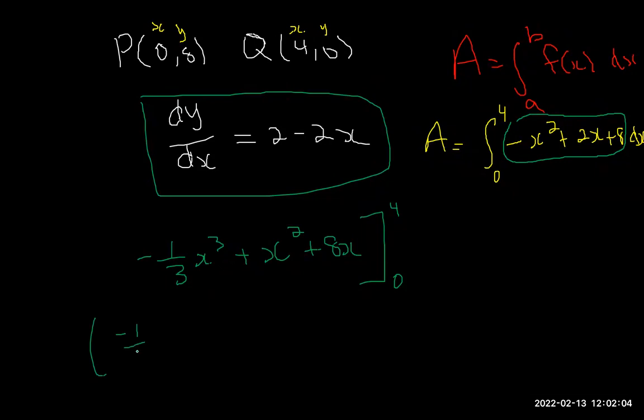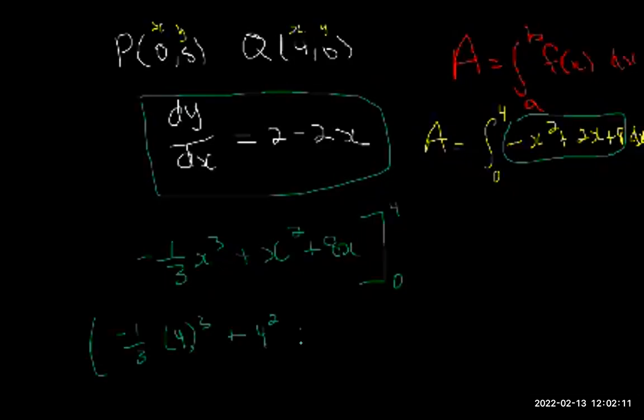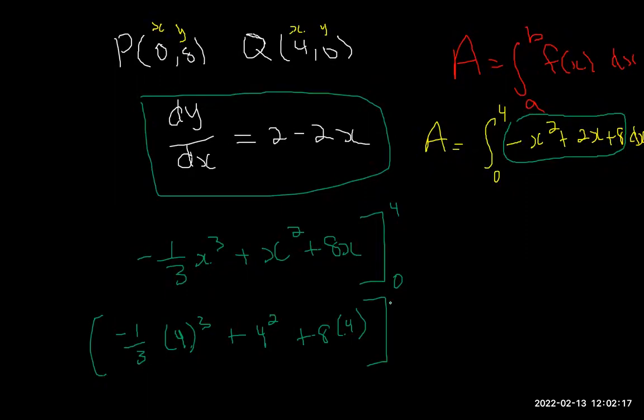So that's minus a third 4 cubed plus 4 squared plus 8 by 4. That's my first bracket. Minus, I substitute my lower limit, so that's minus a third 0 cubed plus 0 squared plus 8 by 0.